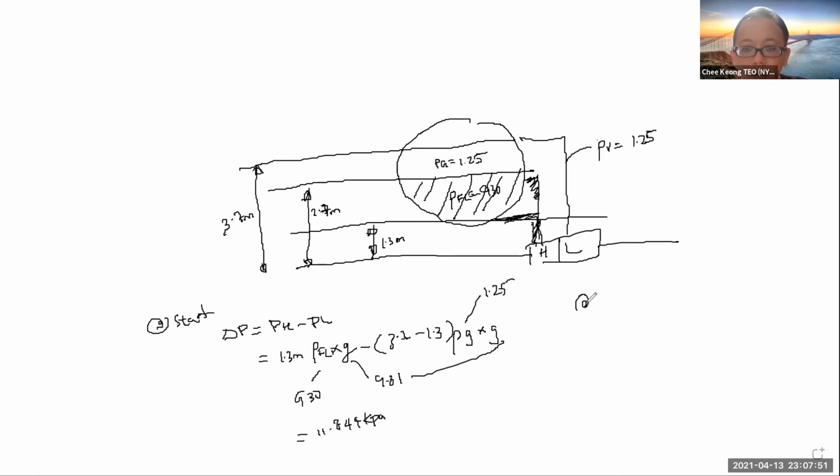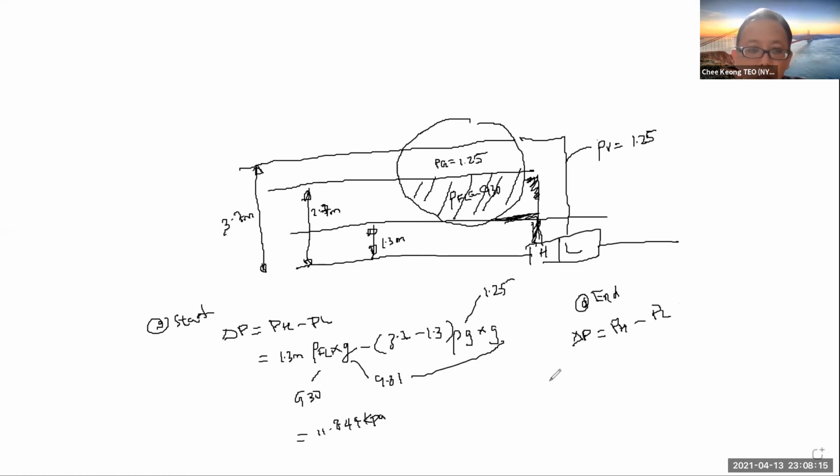Now at the end, of course, the measurement goes all the way to the end. It means from this level, you will shift all the way up to the center level, which is the HO level. So the end of measurement is at the HO level. At the end of measurement, delta P is again P high minus P low.